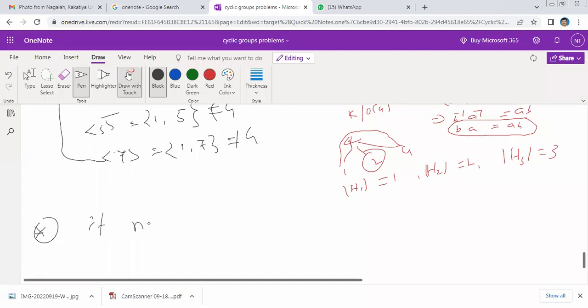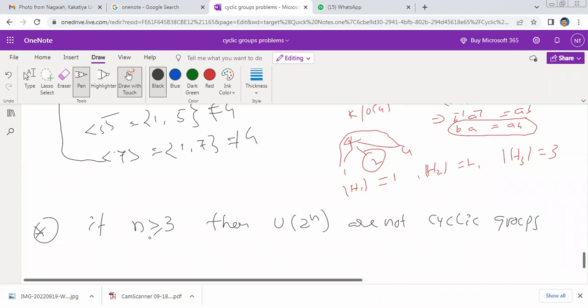If n is greater than or equal to 3, then U of 2 power n is not a cyclic group.